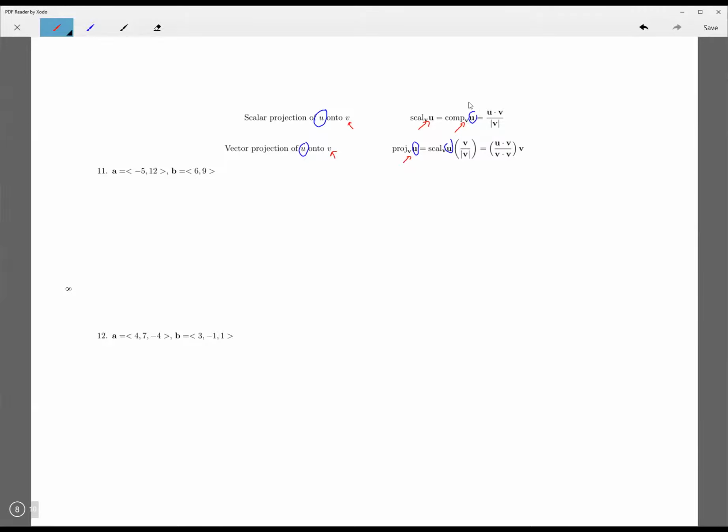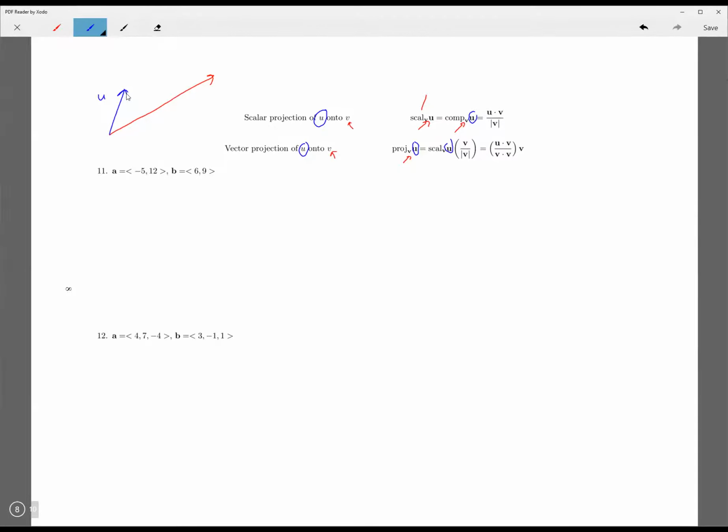And this right here is the formula for the scalar projection, which I've always used this notation here, but the book uses this for some reason. And this is the projection onto the other vector. Okay, so what does this mean? This means this, okay? So if you have a vector v right here, and let's say you have a vector u right here, they're pointing in different directions.